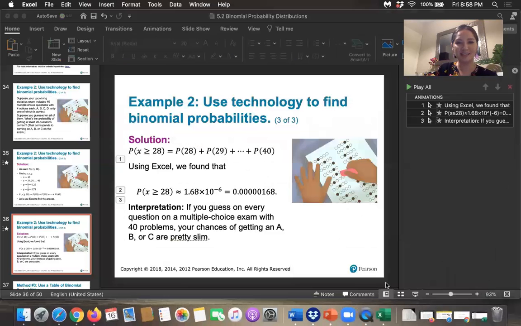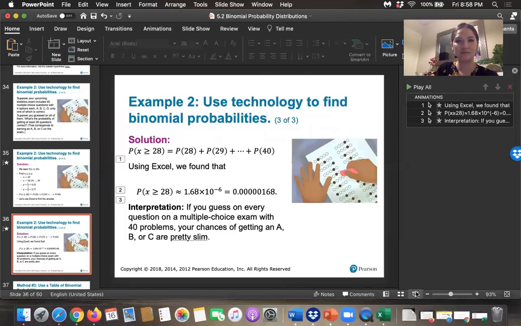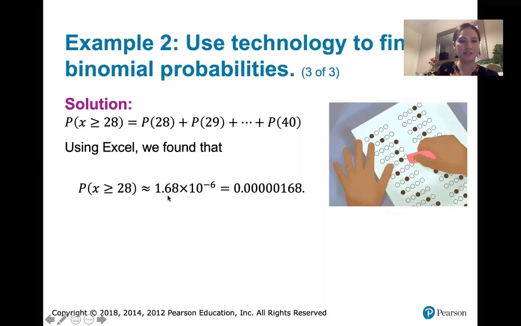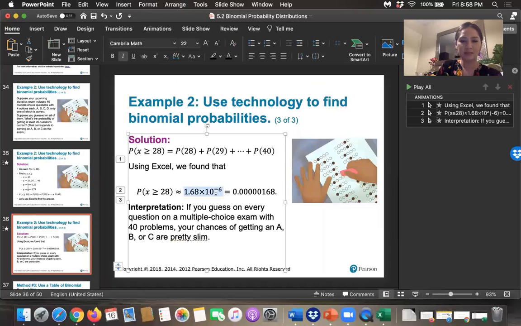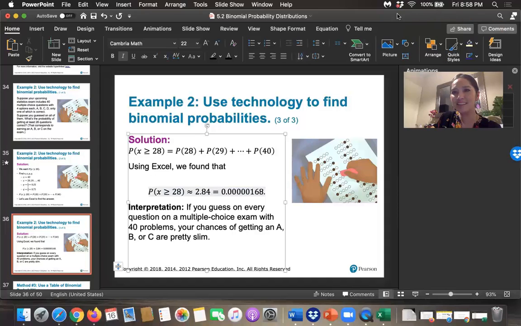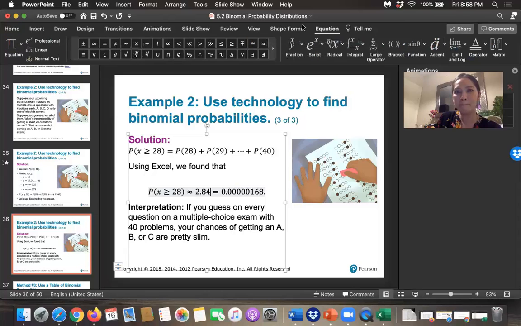Let's go back to our slides. Okay, and actually that's wrong because I must have typed something in wrong before. So it's 2.84 times 10 to the negative 9th. So I have 2.84, and I've got 8 zeros in front of it. 8 zeros in front of that too.